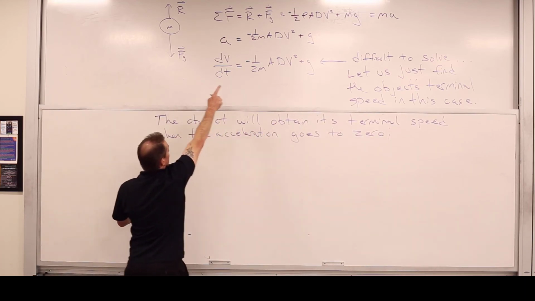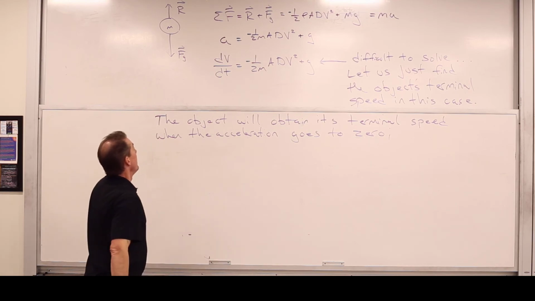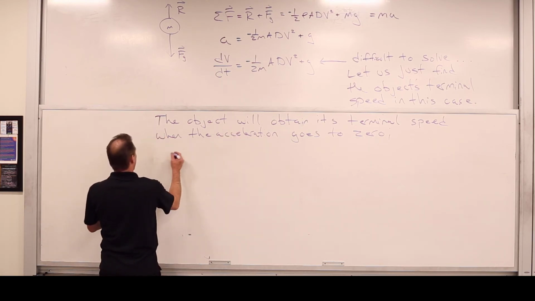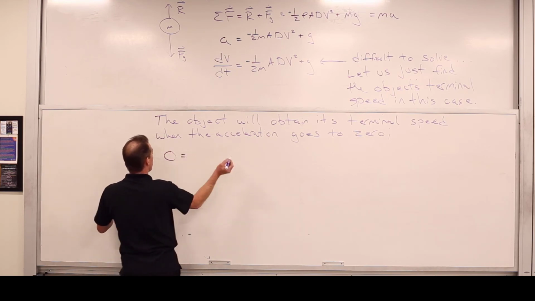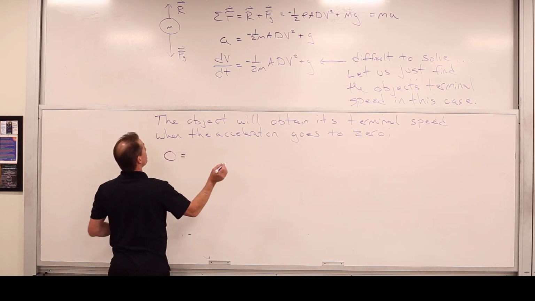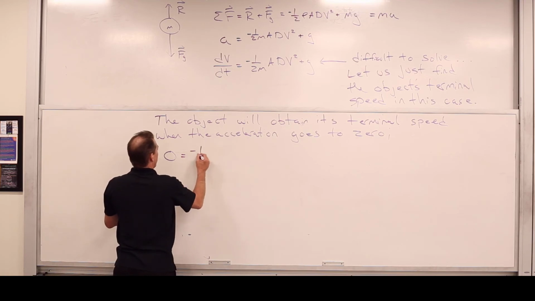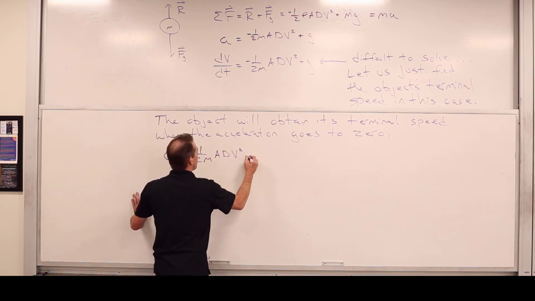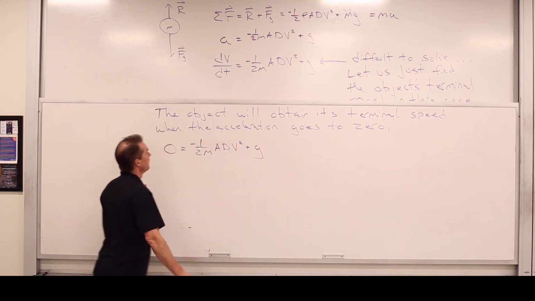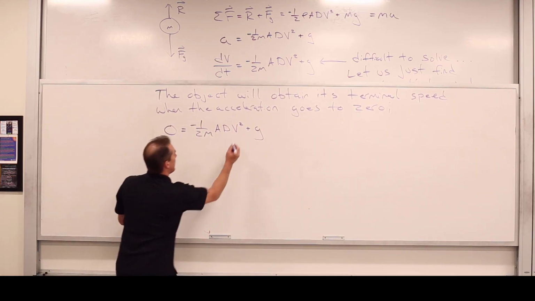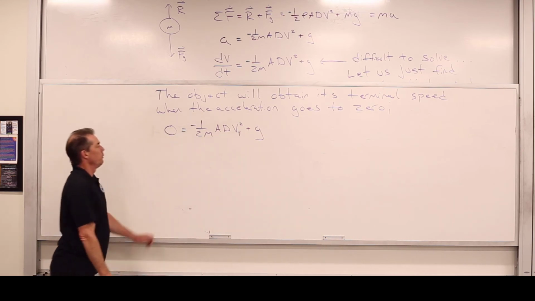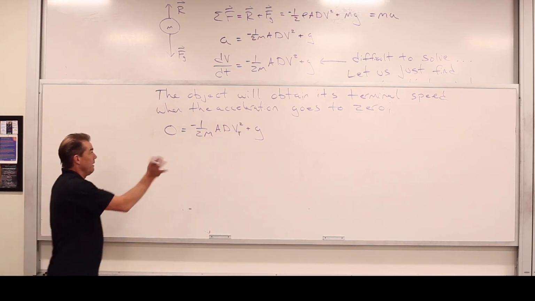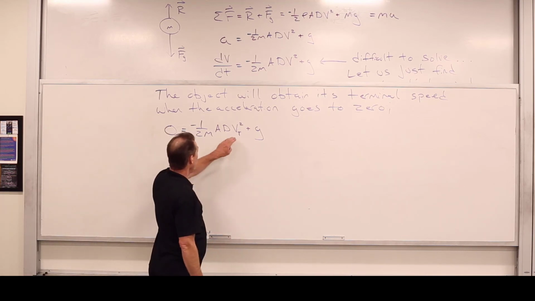From the top, a is equal to negative 1/2m rho A d v squared plus g. So 0 is equal to negative 1 over 2m rho A d v squared plus g, and we'll subscript this with v sub t because now that represents the terminal speed of the object. I'm going to solve this out for v.